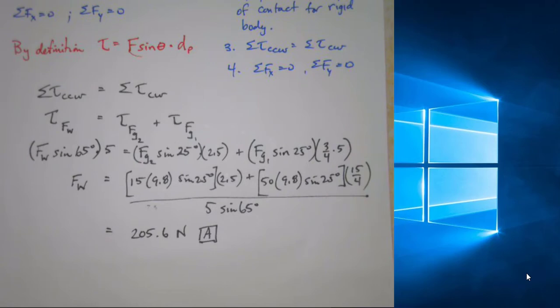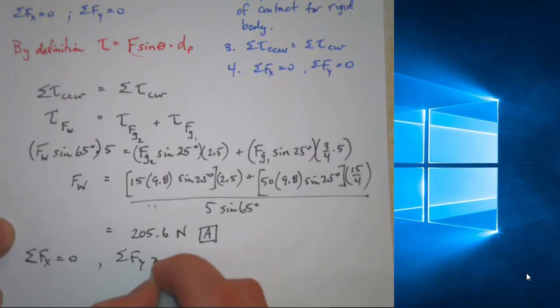And now I can look at my other two conditions of equilibrium, the sum of the forces in the X needing to equal 0, and the sum of the forces in the Y needing to equal 0. We are interested in the force of friction because it has that coefficient in that. So that's the equation I'm going to go after first.